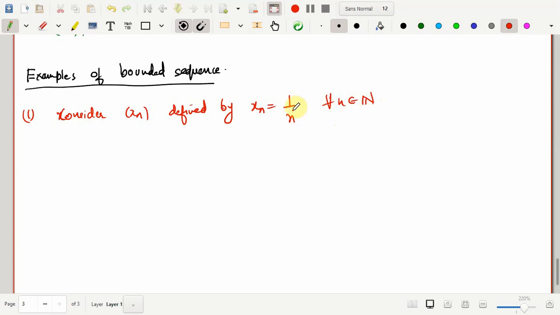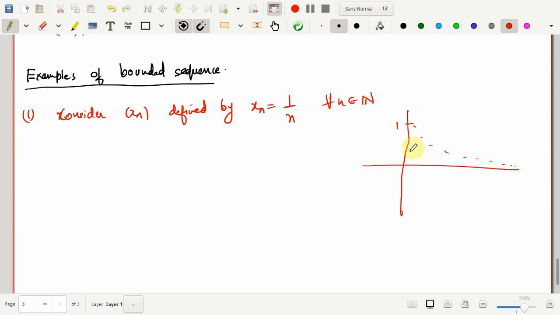Will you be able to produce a positive real number such that the modulus of this sequence can be made less than or equal to that number, or xn lies in the closed interval from negative of that number to positive of that number? We know that the graph of this sequence starts from 1 and approaches towards 0. So in fact there are bounds for this sequence. The 1 forms an upper bound and the 0 forms a lower bound.